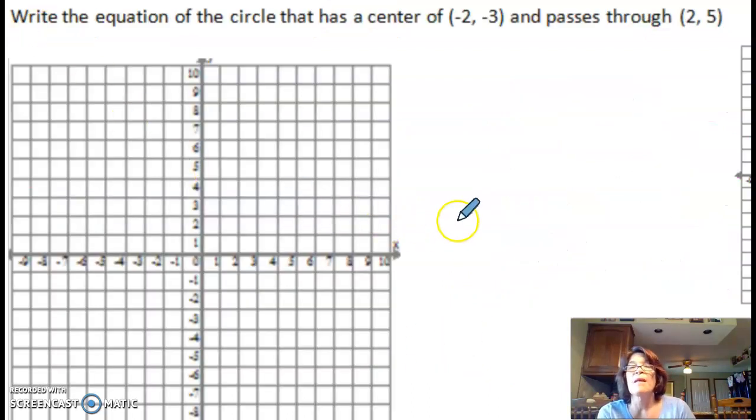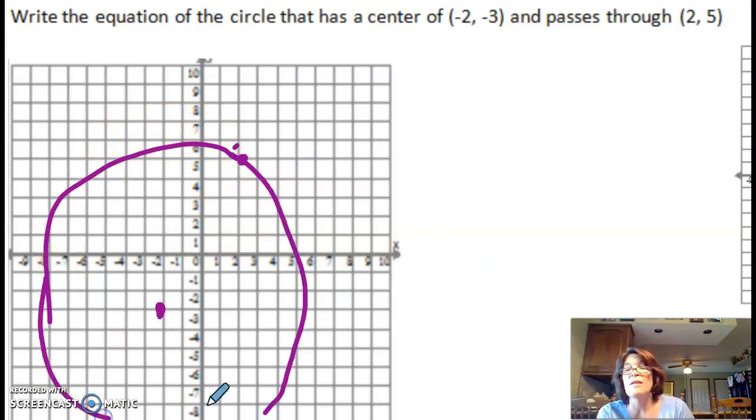All right, write the equation of a circle that has a center of this and passes through 2, 5. Well, the center is what? -2, -3. I can at least graph it. It passes through the point 2, 5. So if this is a center and it passes through that, I have an idea what it looks like here, okay? But I want to write the equation.